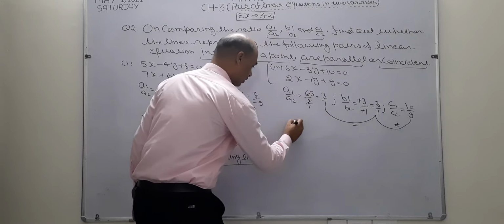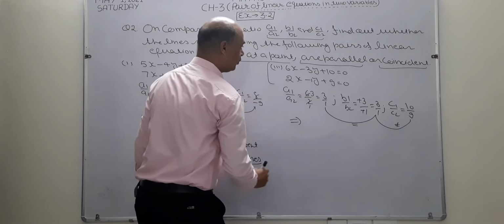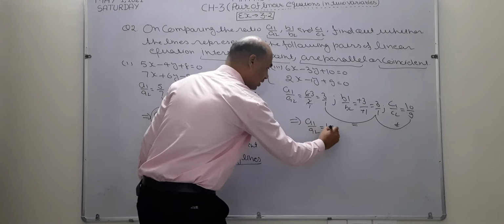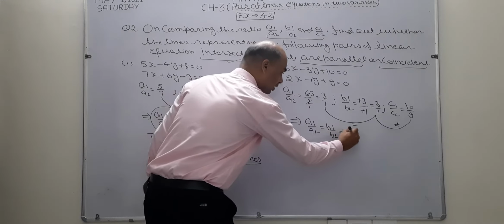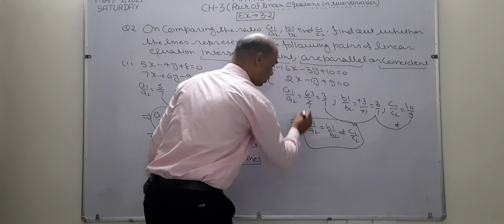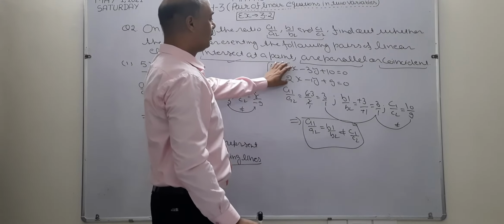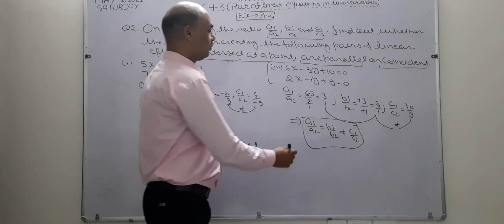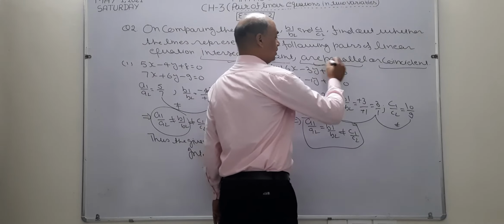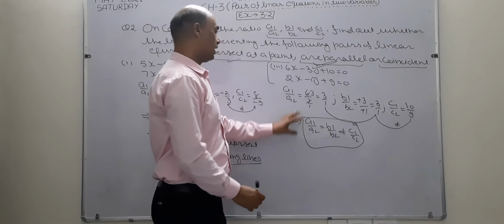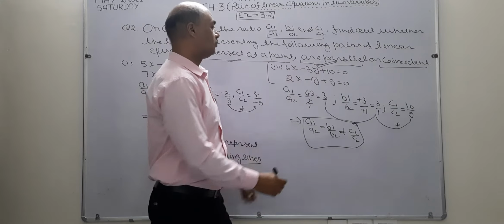It means the ratio of the given pair of equations is A1 by A2 is equal to B1 by B2, is not equal to C1 by C2. When such type of ratio are there, then the given pair of equations represent which lines? It means this represents parallel lines. We just discussed earlier, when such type of ratio are there, then the given pair of equations represents parallel lines.